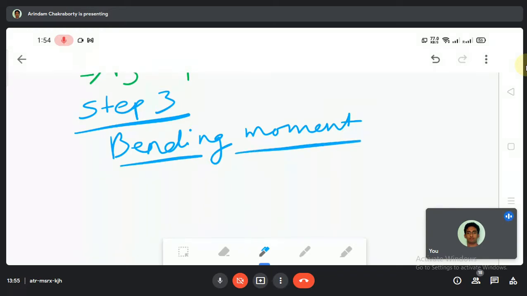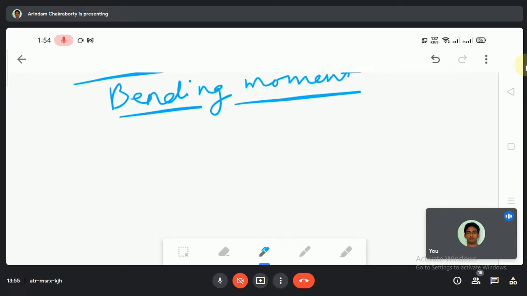This is the most important part, and from here come the values, the formulations and everything, and the answer. This gives the answer. Now let us consider this one.